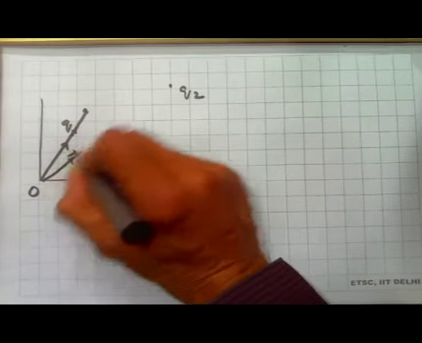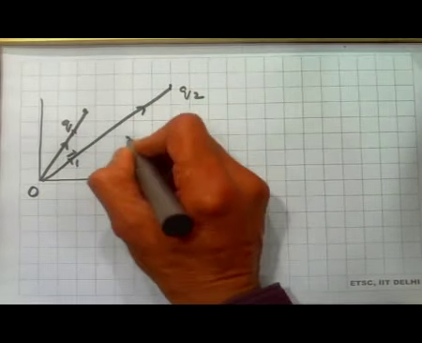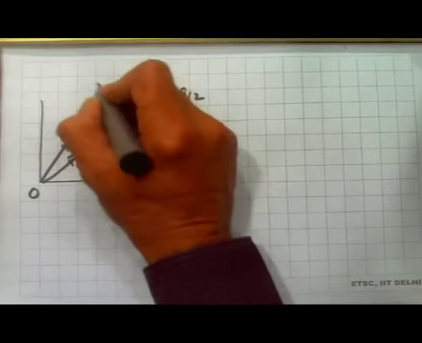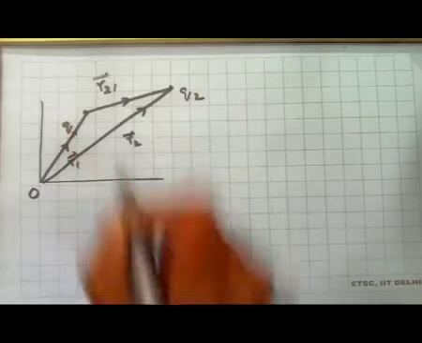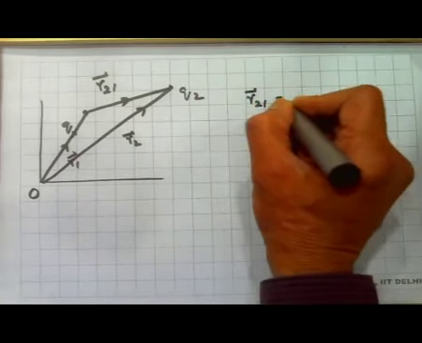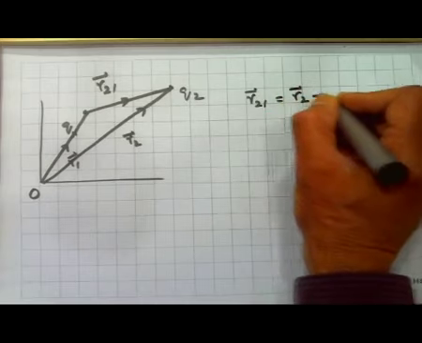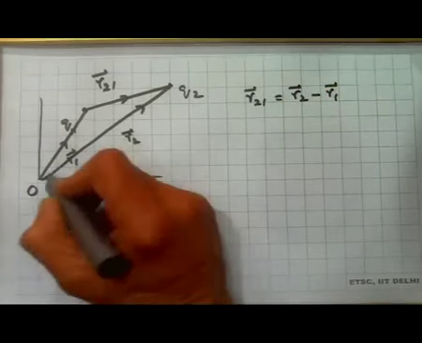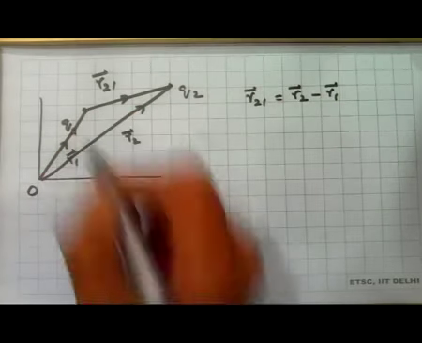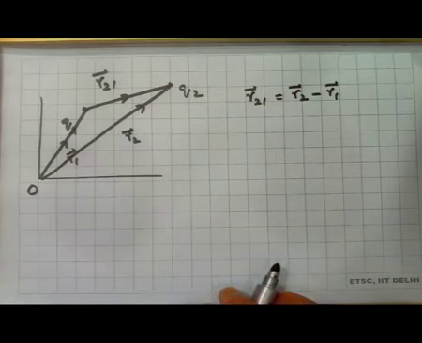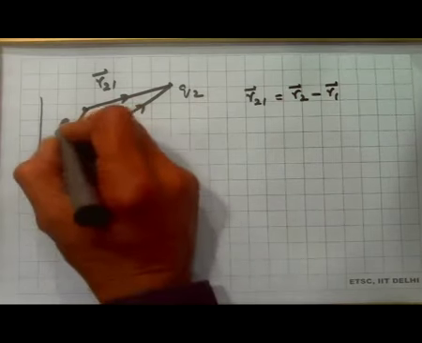The vector joining origin to q2 I will call r2 vector, and this vector is r21. So, r21 vector is r2 vector minus r1 vector. It is a vector joining q1 to q2. So, q1 and q2 are two charges, which can be positive or negative.